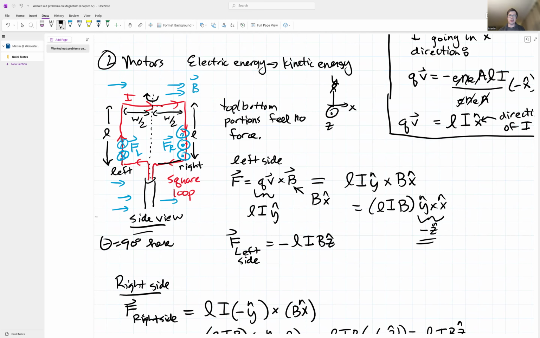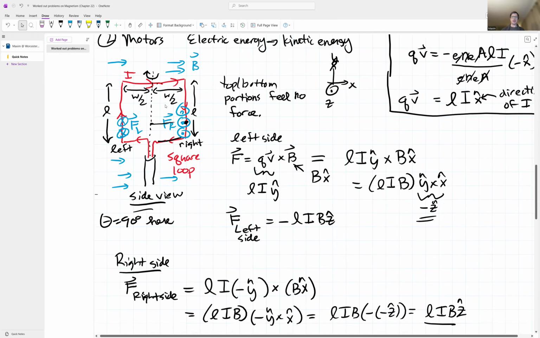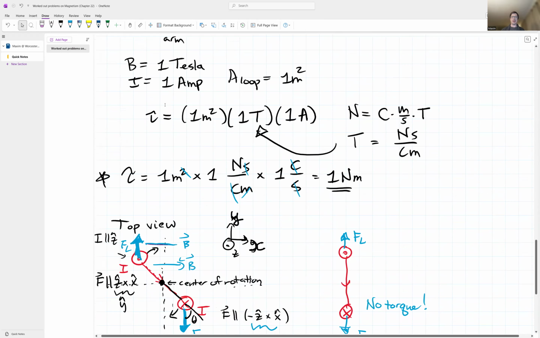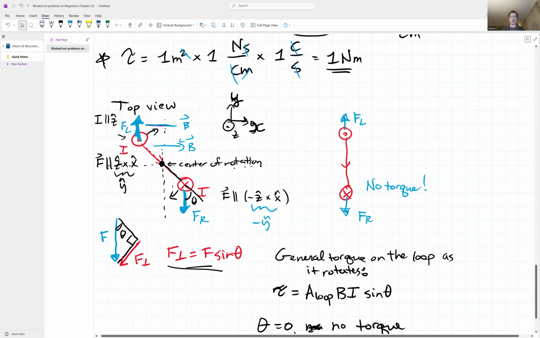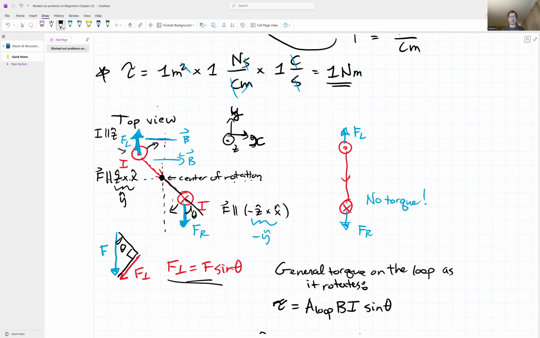The lever arm is the direction from the center of rotation to these side wires, and that's perpendicular to the forces because the forces are in and out of the board here. You can see that better on the top view. Here the angle is this theta, which is the same as this theta. That's the top view of when the loop has already rotated a little bit.